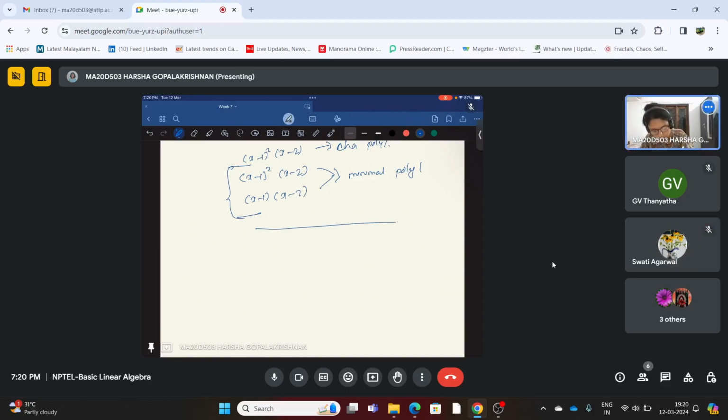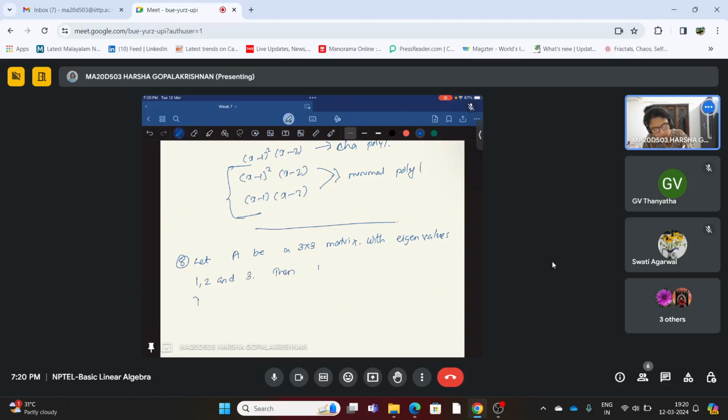Okay, so the next question is: let A be a 3 by 3 matrix with the eigenvalues 1, 2, and 3.